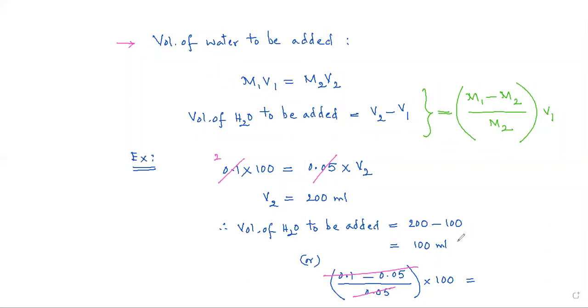We got 100 ml. So this way we can use dilution law for molar solution for two things. First one, for calculating the molarity of the solution obtained on dilution. The second one is the volume of water to be added.